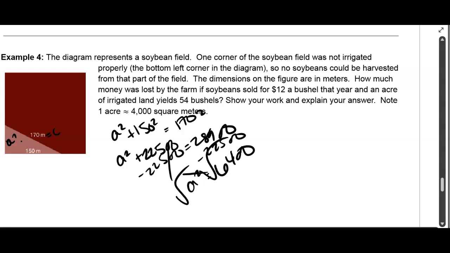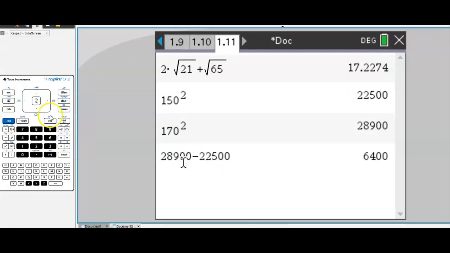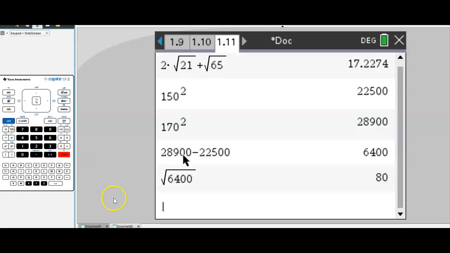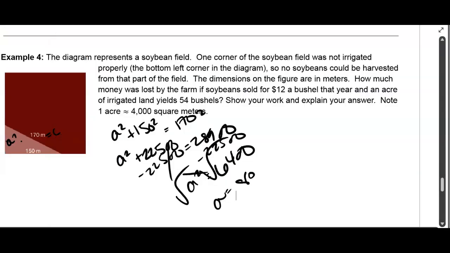Square root to get A by itself. Is it 80? Square root for my answer. What's that? Yes, 80. So that's not my final answer. So this is my A value.